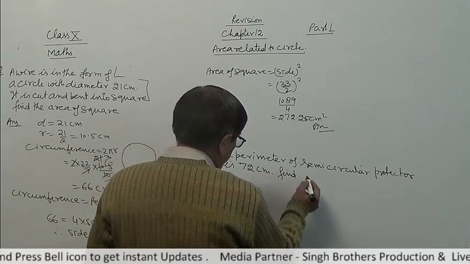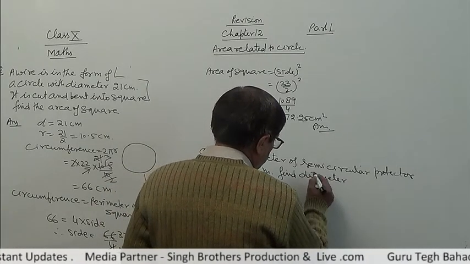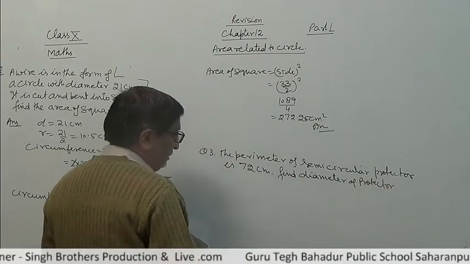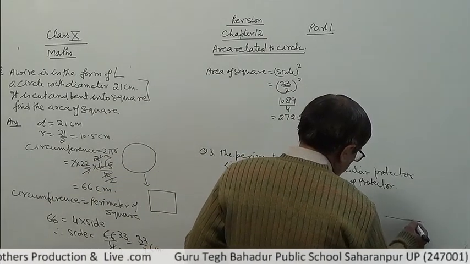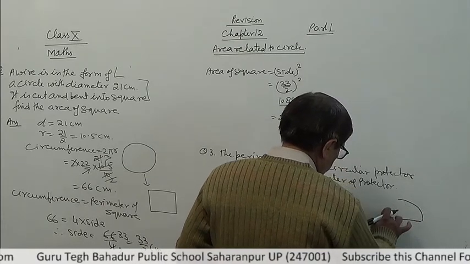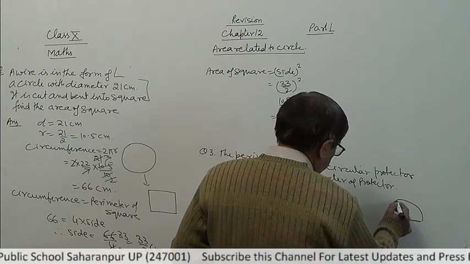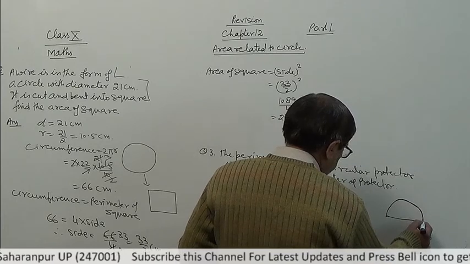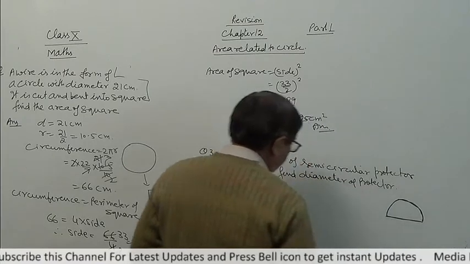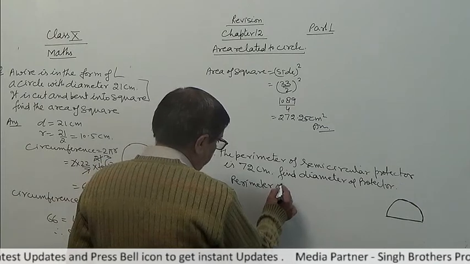Find the diameter of the protector. This is your protector, in semicircular form. Perimeter means this circumference plus this diameter.